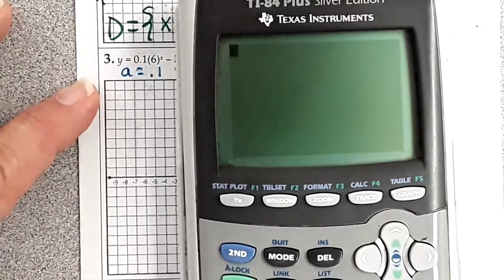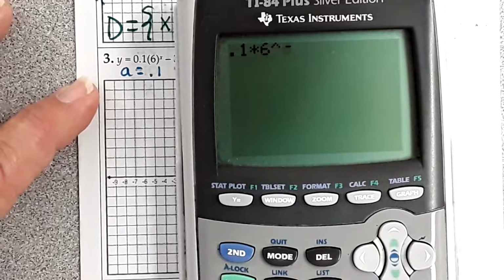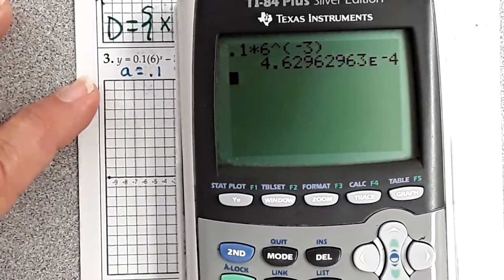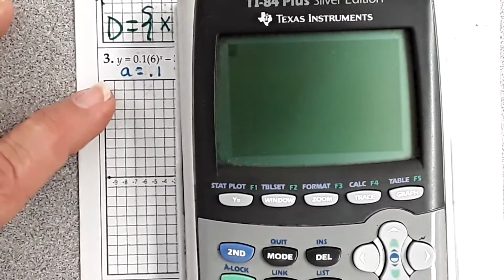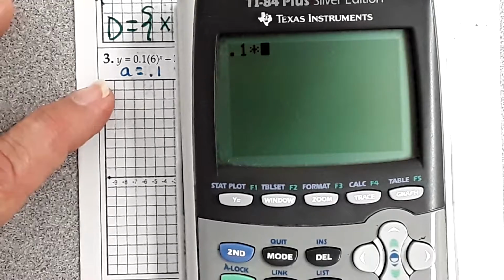Now watch. When you do this one, 0.1 times 6 raised to the -3rd power. And I did it again. I did it wrong. I did this the other day. Oh, no, I didn't. I know what I did wrong.